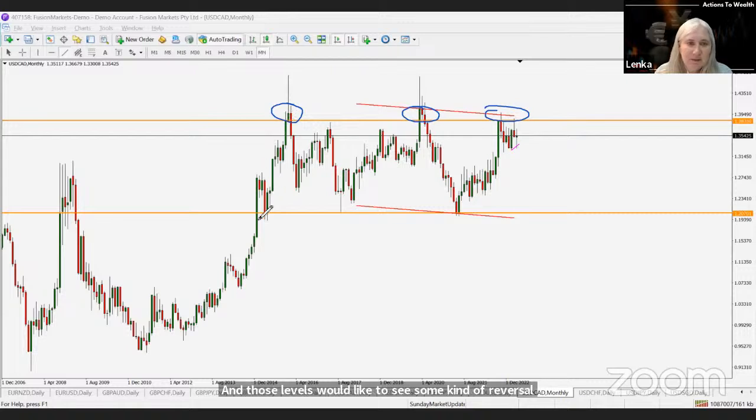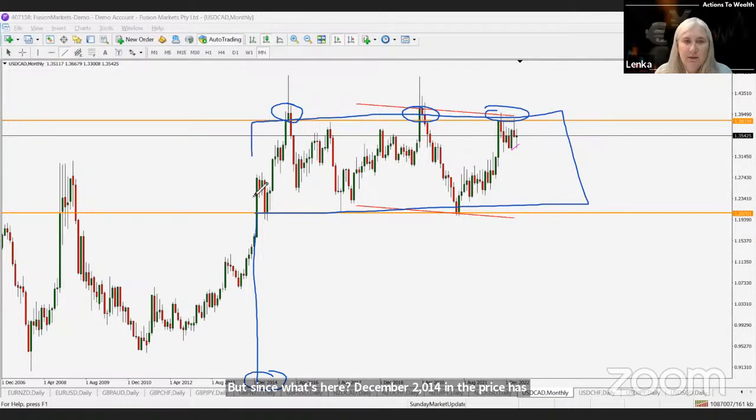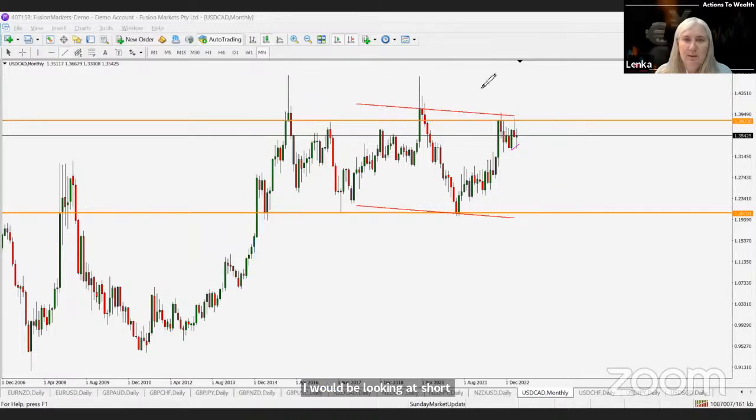But since December 2014, the price has been in this rectangle. So for that price to break above that and bounce off, it would take quite a bit of time. So at the moment, I would be looking at short opportunities within that area.